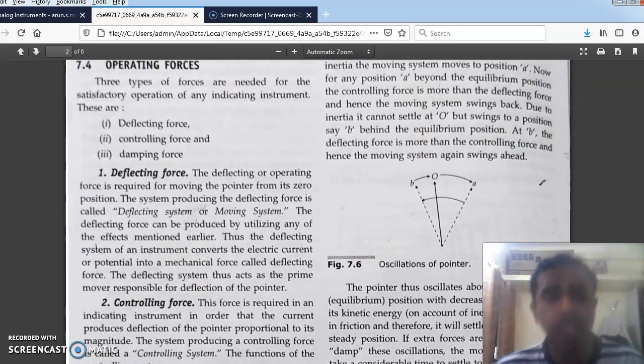Towards the end of the last class, I told one principle, that is, any current carrying conductor placed in a magnetic field will experience a force, and that force will actually deflect. So that can be one principle behind a deflecting torque. There are various principles. It can be an inductive effect. Suppose we have a non-magnetic conducting disc rotating between two current carrying coils.